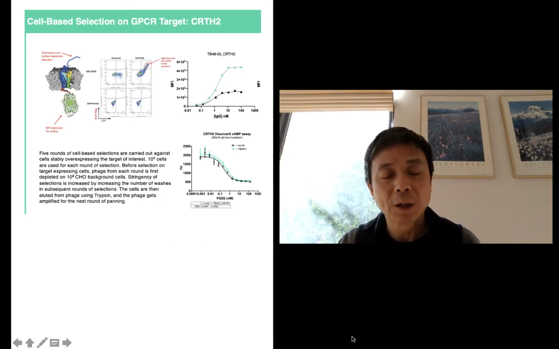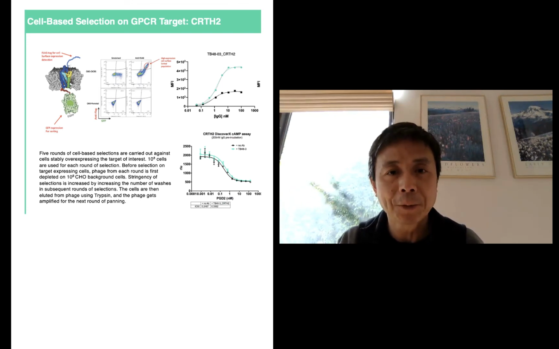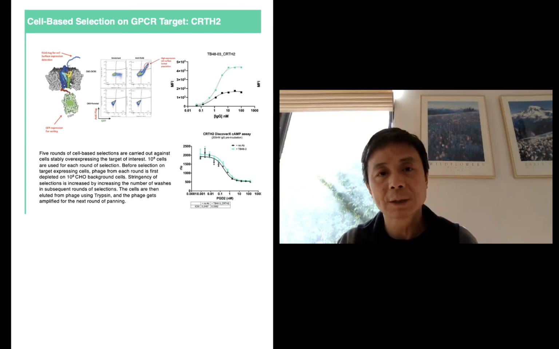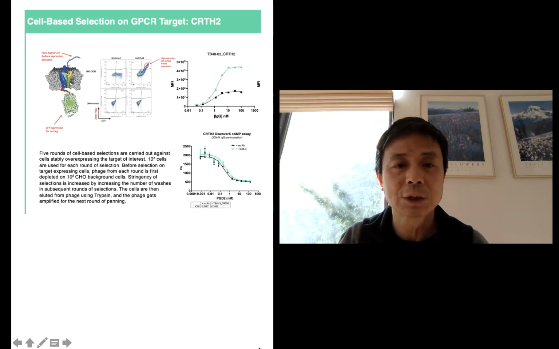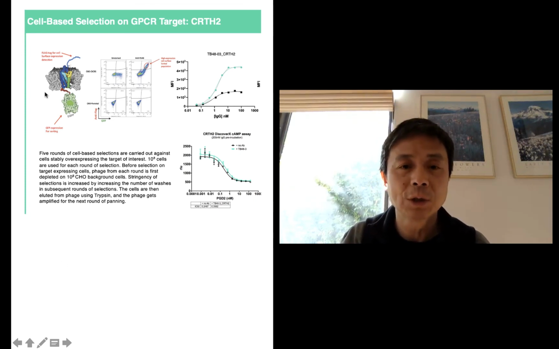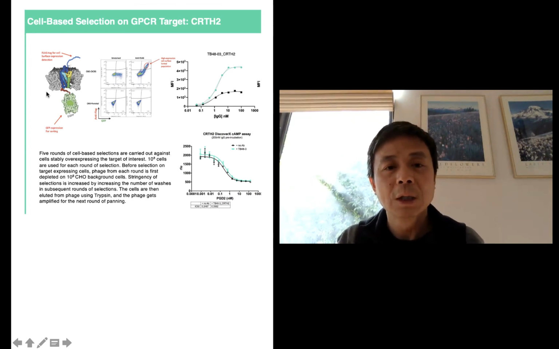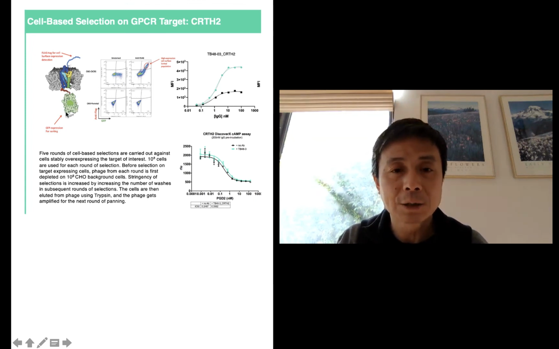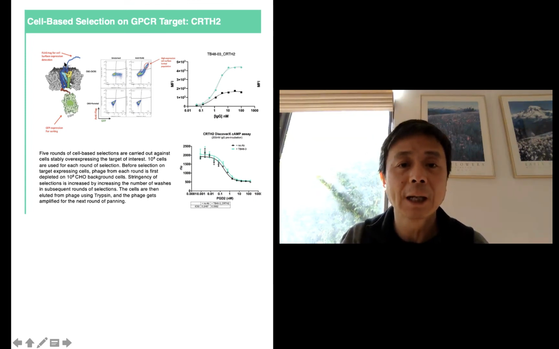Next, we move on to demonstrate that this library can be used not only for soluble protein but also for cell selection. This is for a GPCR target, CRTH2, and this is our selection scheme. We expressed the GPCR protein with GFP at the C-terminal end and a flag tag at the N-terminal end.